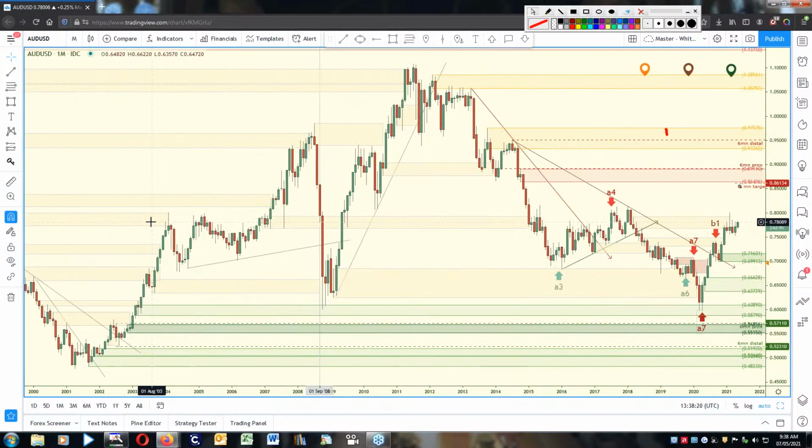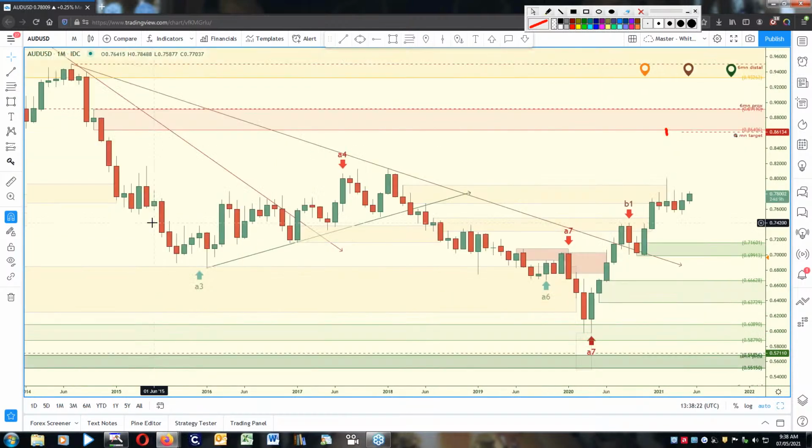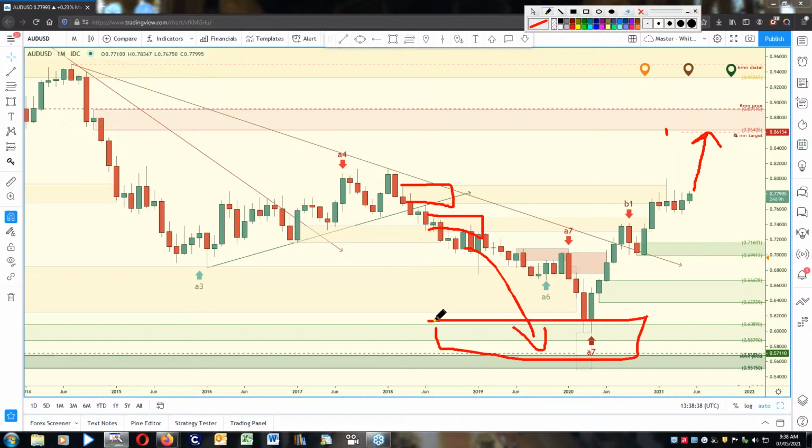Look at the monthly chart. Monthly chart is clear sailing up to here, 86. All these supply zones were used to facilitate a move to the downside. Once demand is contacted and reversals are to be expected, you think they're going to use supply zones still?